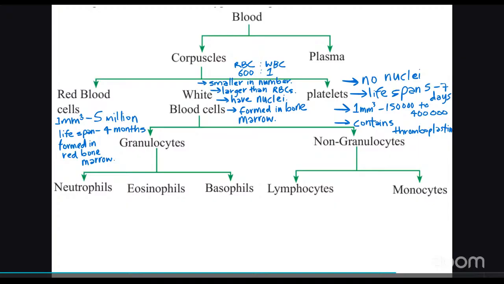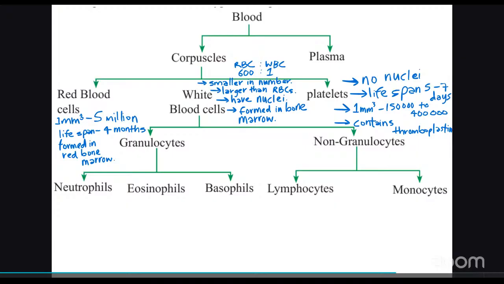Yes, okay. It provides a large surface area in order to absorb more oxygen. That's right. If you're going to be having a nucleus, things like respiration are going to be taking place.